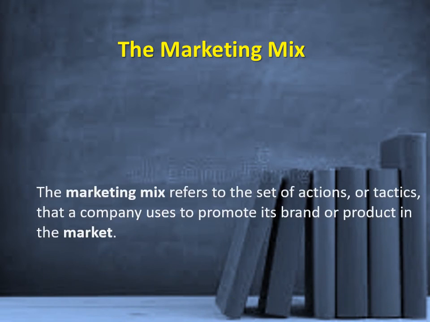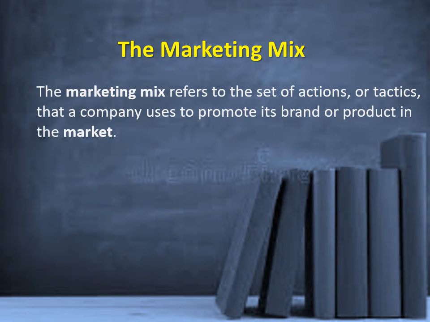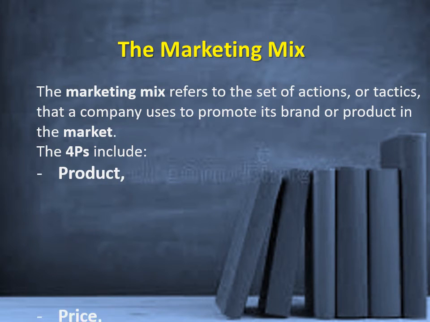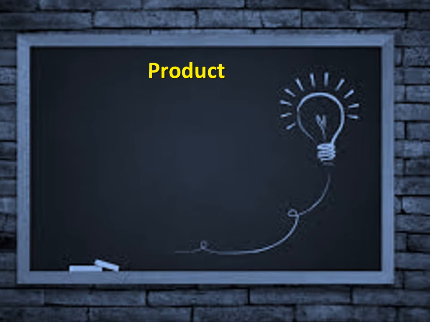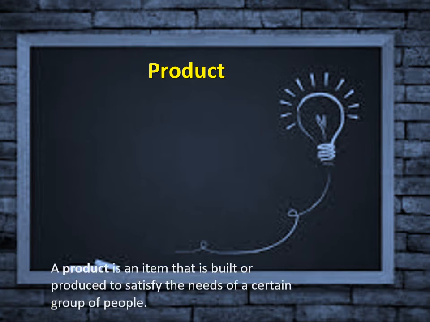So let's define the marketing mix. The marketing mix refers to the set of actions or tactics that a company uses to promote its brand or product in the market. The four P's include product, price, place, and promotion. What is a product?